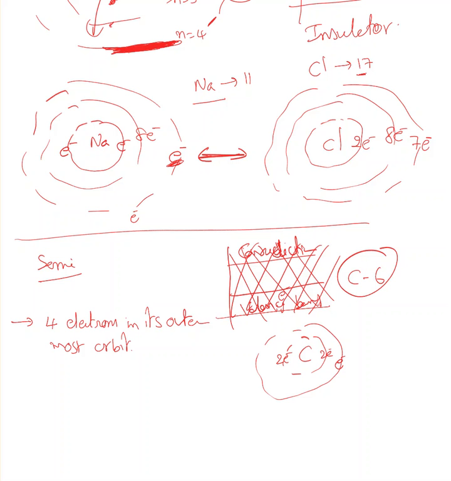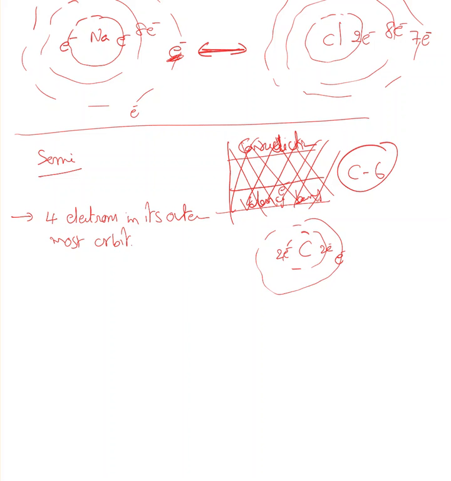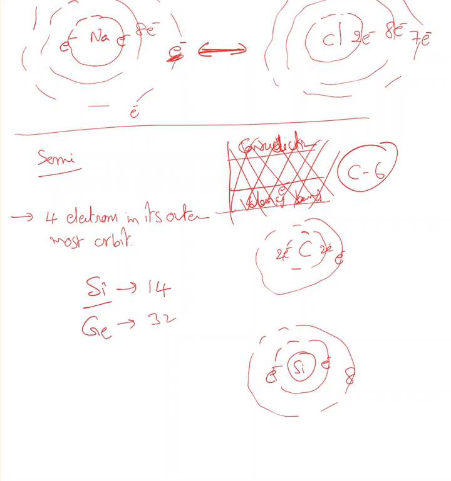Other, more famous semiconducting materials which have 4 electrons are silicon and germanium. Silicon's atomic number is 14, germanium's atomic number is 32. If you draw a silicon atom, the first orbit has 2 electrons, the second has 8 electrons, and the third has 4 electrons.